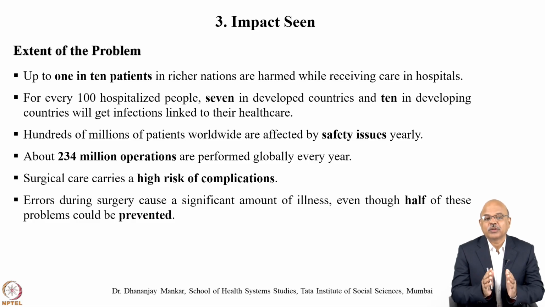Errors during surgery cause a significant amount of illness, which puts a major burden on the patient, the patient's family, mental health, and even revenue. Even so, half of these problems could be prevented, as reported from the data and research.